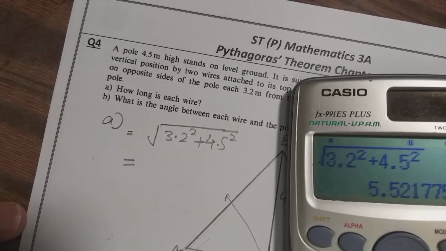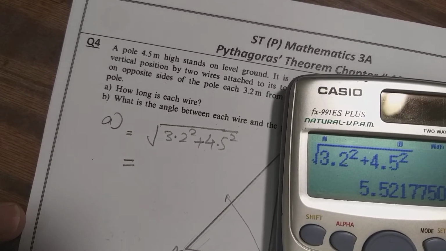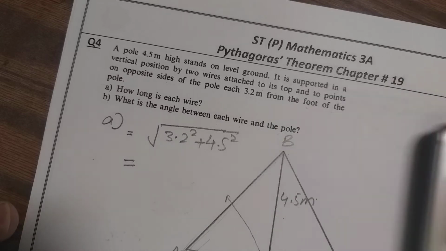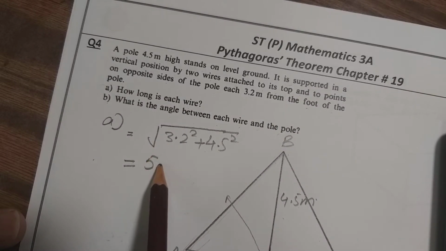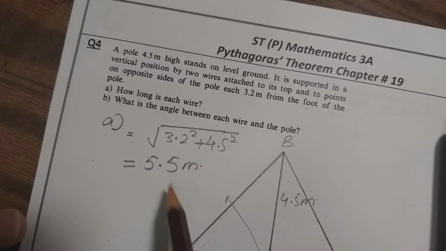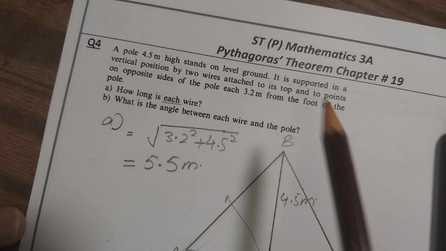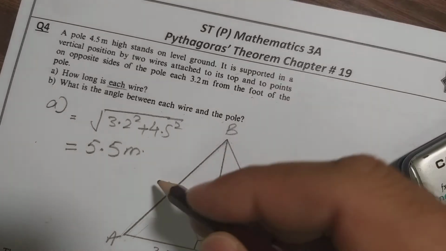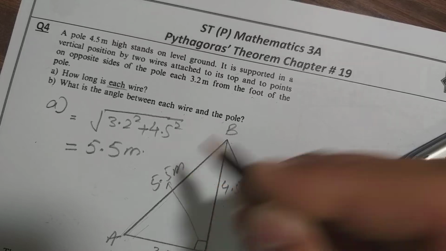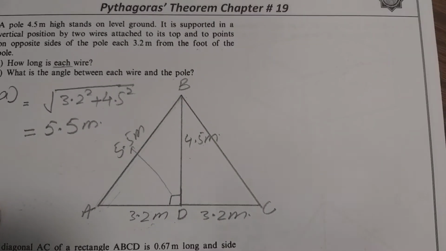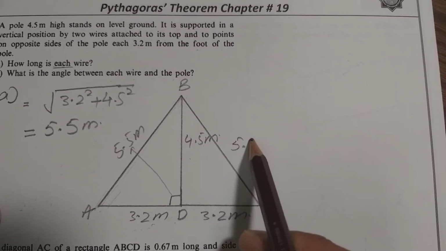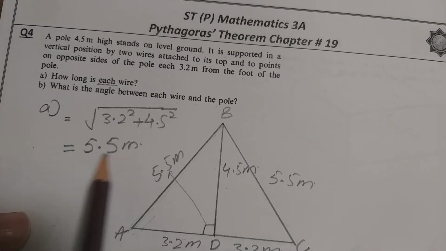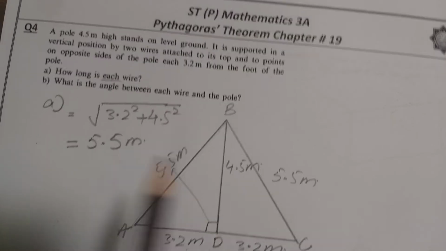It becomes 5.5217. But I'm taking after decimal only one place. The second place is less than 5, so no need to increase it. So the answer is 5.5 meter. Because he said each wire, it means from A to B has the same length, 5.5 meter, and from B to C also the same wire, 5.5 meter. So each wire has the length 5.5 meter.